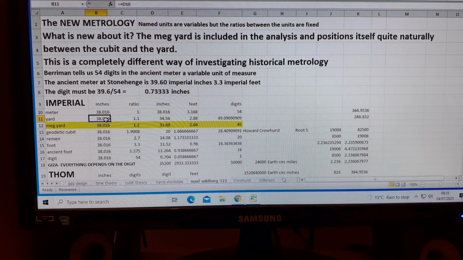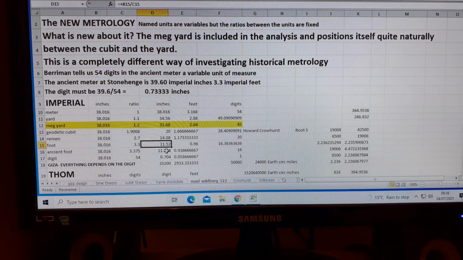So although the meter looks a strange length in inches, the cubit to give us that base is exactly 20 inches. And look at the megalithic yard, 31.68 inches. The yard, 34.56. The Riemann, 14.08.